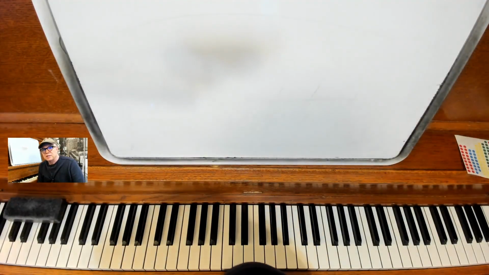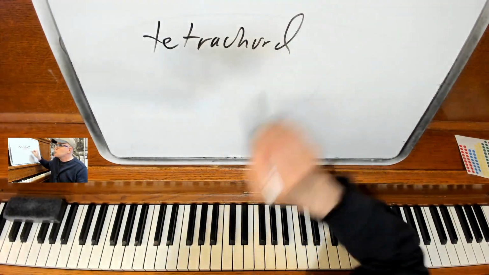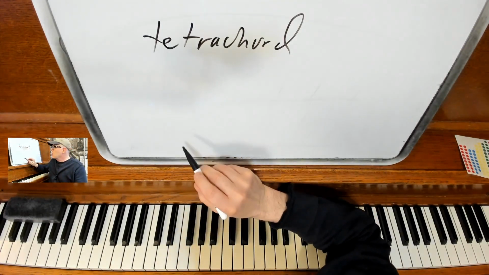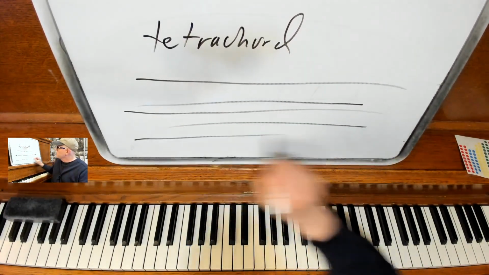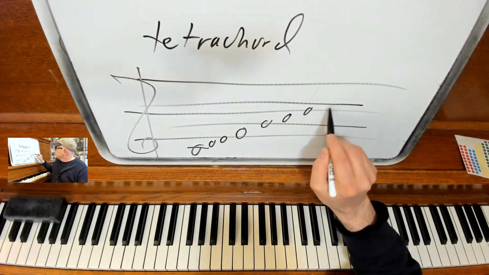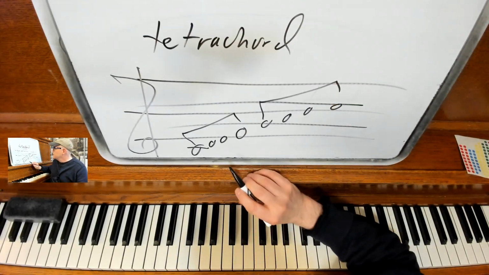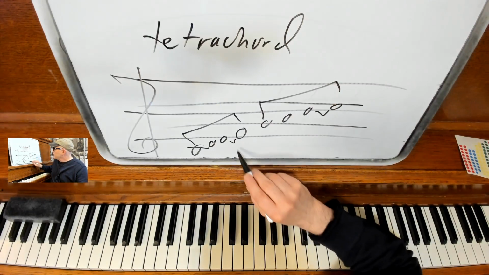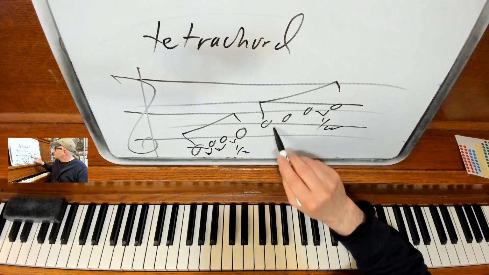So just as a quick review, I'm going to talk about the typical tetrachord that we come across. A tetrachord, T-E-T-R-A-C-H-O-R-D, is a group of 4 notes, and of course our ubiquitous C major scale is C, D, E, F, G, A, B, C. Those are the 2 tetrachord groups, and they're similar because you have a half step in the same place: whole, whole, half.